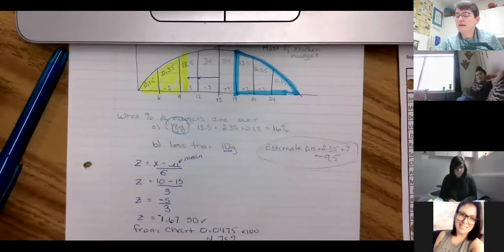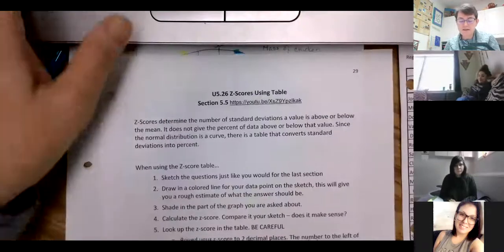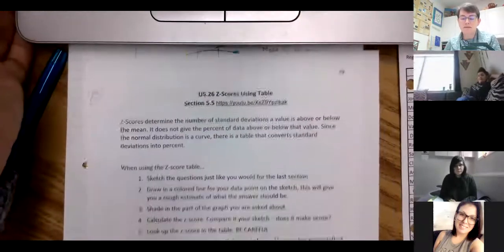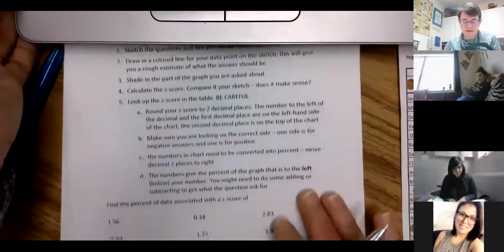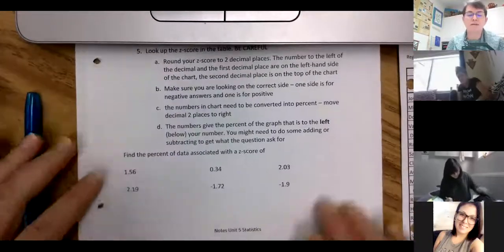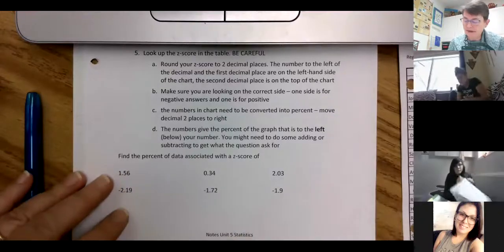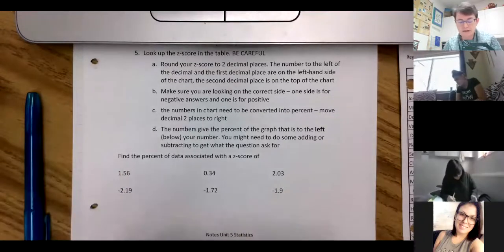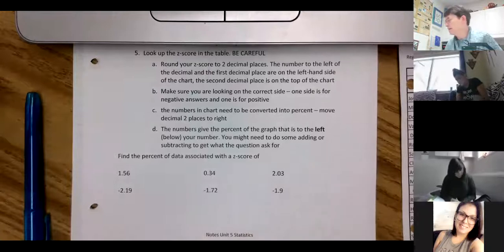From yesterday, I just want to do a couple of these ones. So this is page 29. Okay. Find the percent of data associated with the scores. We did 1.56. I just want to do a couple more of them.